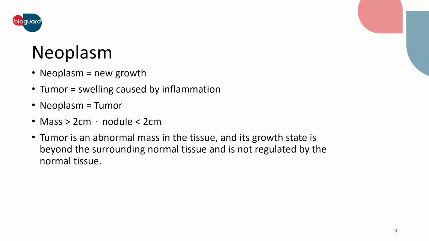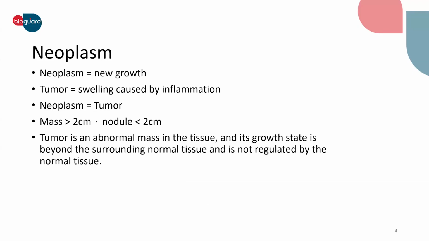Let's start by going over some basic terms that are key to understanding tumor biology and pathology. First off, the word neoplasm literally means new growth. It refers to a mass of tissue that grows in an excessive and uncontrolled way.